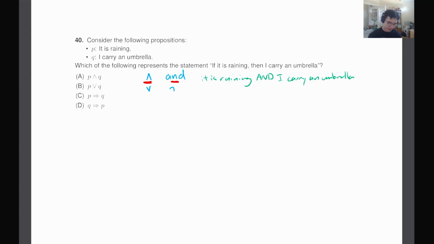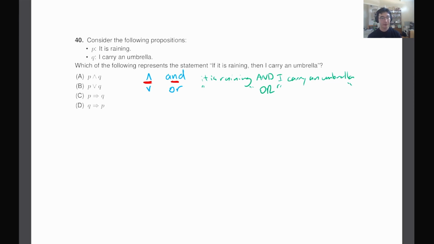That is an or. The way I remember which is and and which is or is that middle hump. If it has a hump, then I think, oh, and also has a hump. So the other one must be an or. So that is saying it is raining or I carry an umbrella.